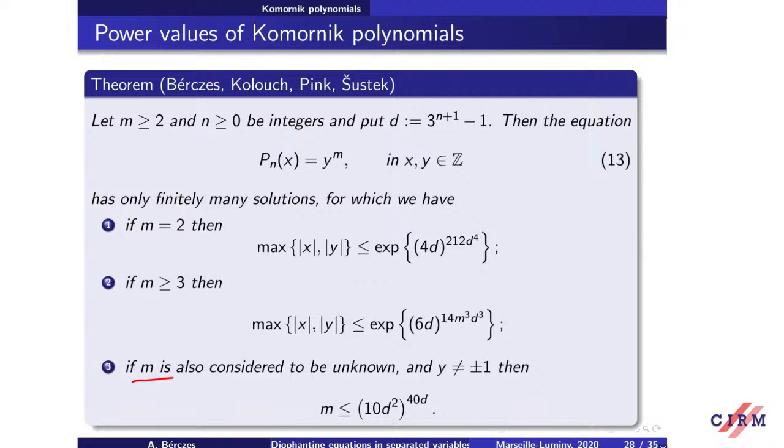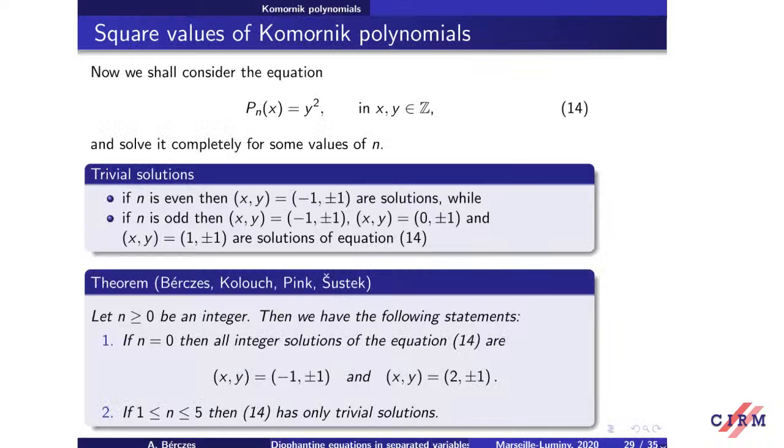And for the concrete case of y squared on the right-hand side, we did solve completely this equation. There are some trivial solutions, and except for the trivial solutions, there exists only one non-trivial solution in the case when n equals 2, and we did solve the equation also for n equals 1, 2, 3, 4, and 5.